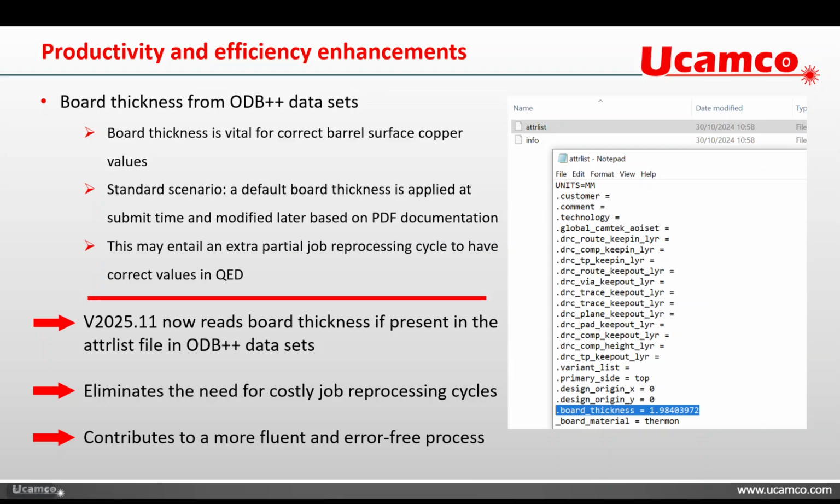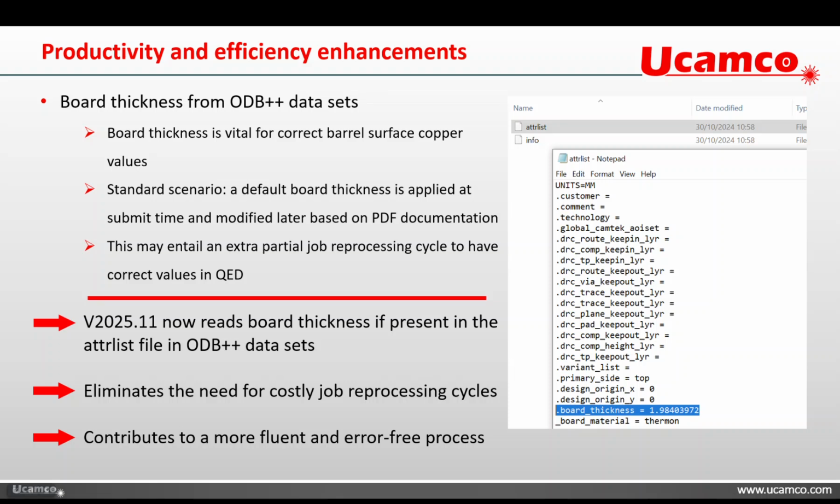Now, what we have seen is a number of you have sent us ODB data sets which have the board thickness included in one of the file sets, in the attribute list in the ODB structure. So what we have done with this version is that when we detect the board thickness being present in the ODB file, we will take it from there.